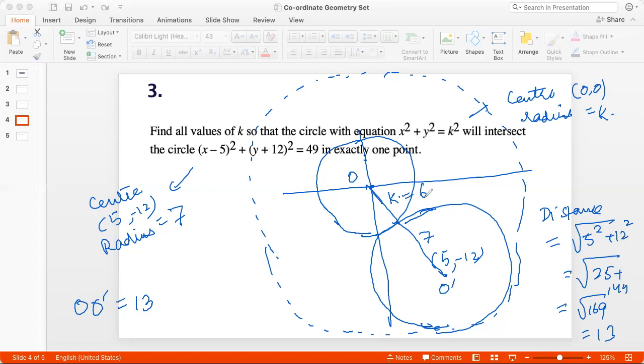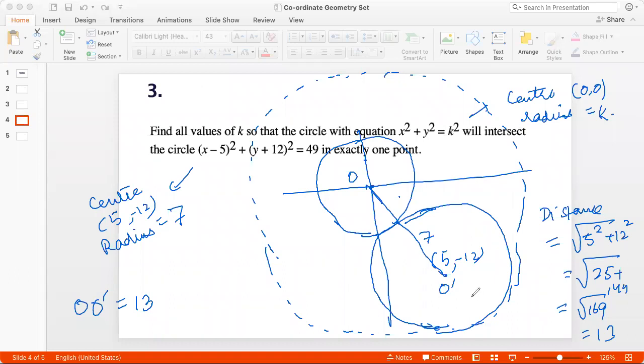And what about the other k value, right? So let me remove this k. This k can go. And what about the other k value? The other k value is when it is externally tangent, as in rather, internally tangent.